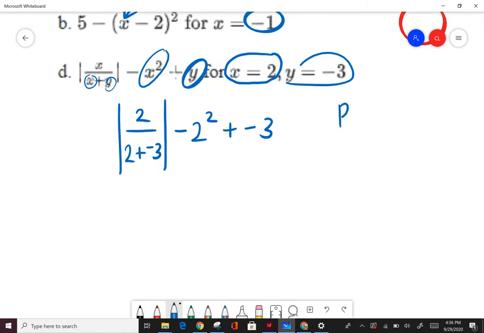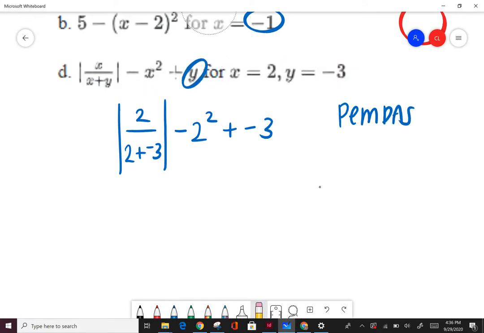Okay, so let's use PEMDAS. I don't see any parentheses, but we can treat all the stuff inside the absolute value as something we want to do first.